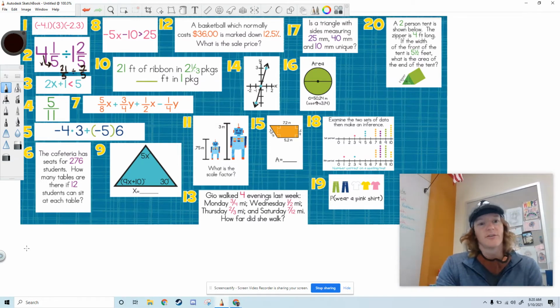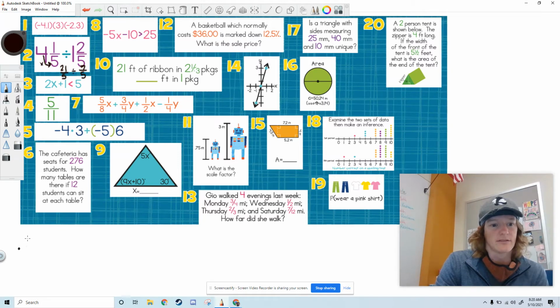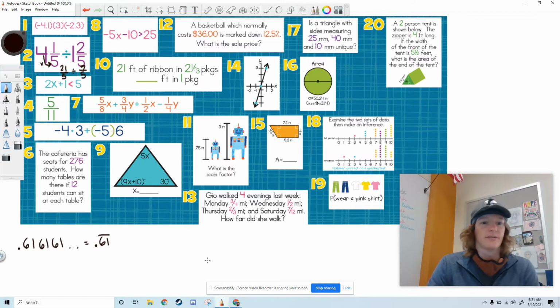As a reminder, if you get something that's repeating, for example 0.616161 over and over again, you will write this as 0.61 with a line over the top of both numbers, because that would be repeating. That is not the answer to number 4, so don't write that for number 4. You need to divide yourself. 5 divided by 11.